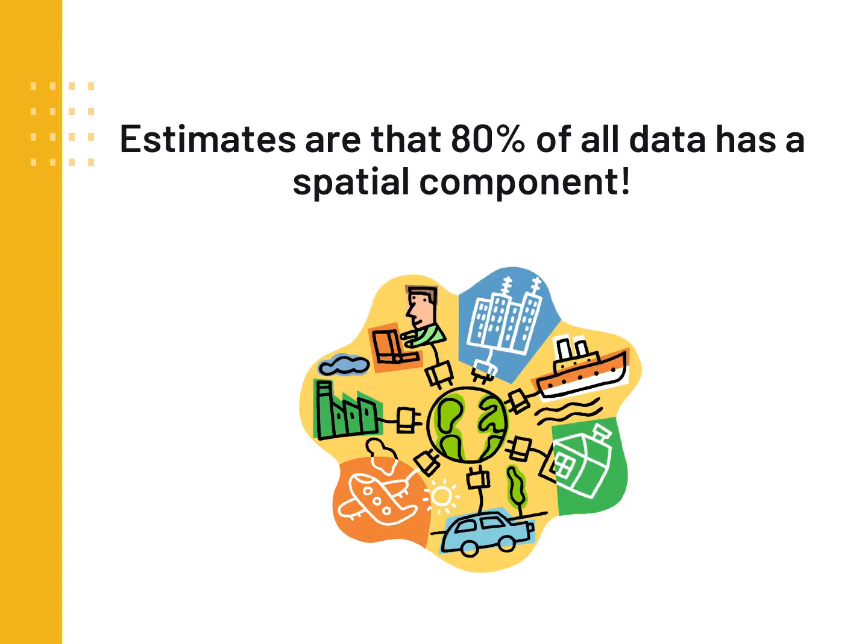Estimates are that 80% of all data has a spatial component. This is a bit of information I got from Esri, which is the maker of a different GIS called ArcGIS Pro. But that being said, that means that there's a lot of data that can be viewed or visualized in a GIS.